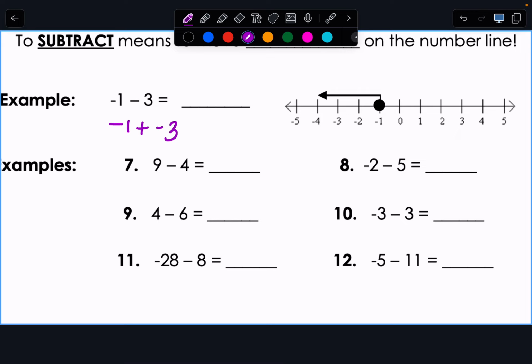Now, some of you might want to completely rewrite it, but we can also think of this as, I'm going to change the subtraction to add, and then I'm going to change 3 to its opposite. So I make 2 little marks. Well, now we have -1 plus -3. That's something that for the past 2 days we've been working on. What is -1 plus -3? -4, we have 1 negative chip added to 3 negative chips. Now we have 4 of them.